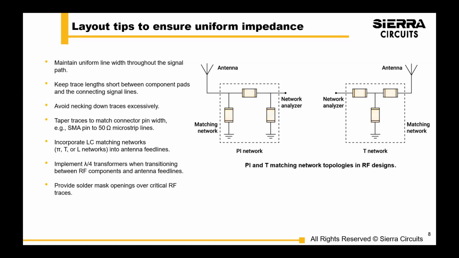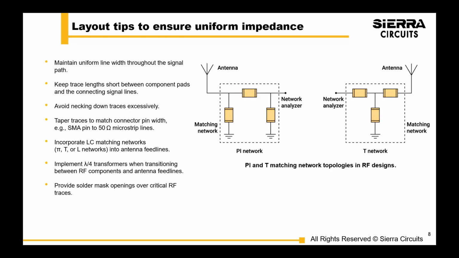Keep your trace lengths short between component pads and the connecting signal lines. Avoid necking down traces excessively. Taper traces to match the connector pin width, an SMA pin for example, to 50 ohm microstrip lines. Add LC matching networks for impedance tuning.